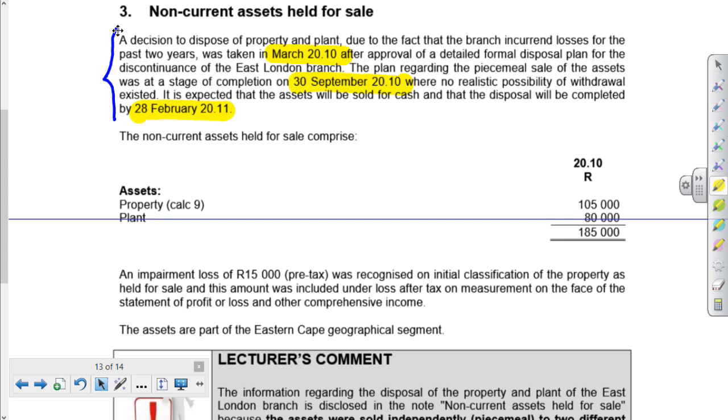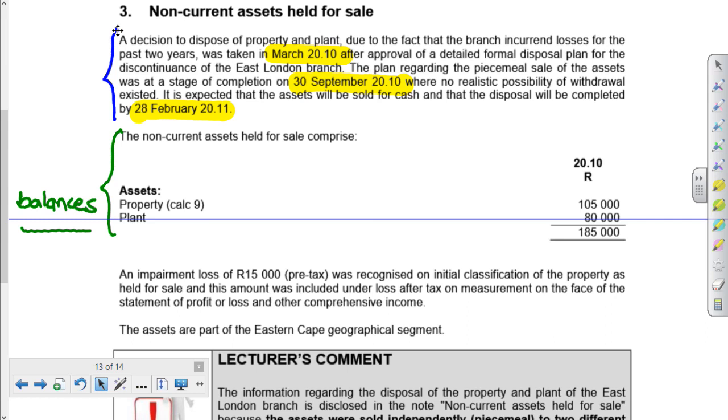Then, so that's descriptive. The second piece of the note is then the balances. The balances that are in non-current assets held for sale. In this case, there are two non-current assets held for sale. There is a property and there is plant.